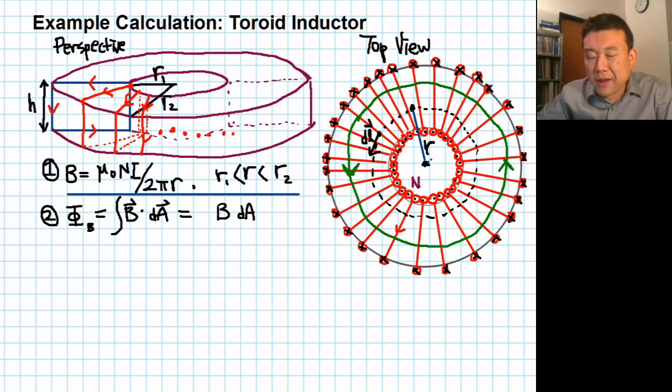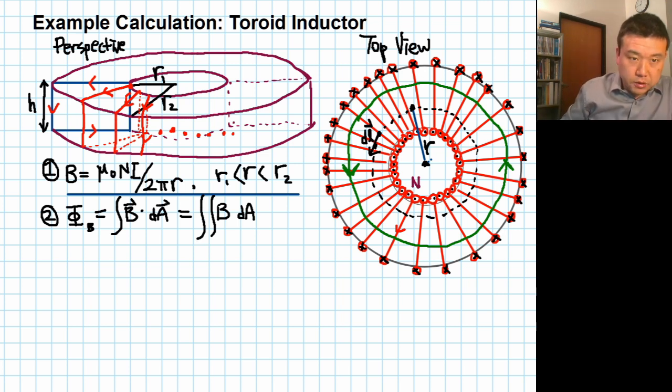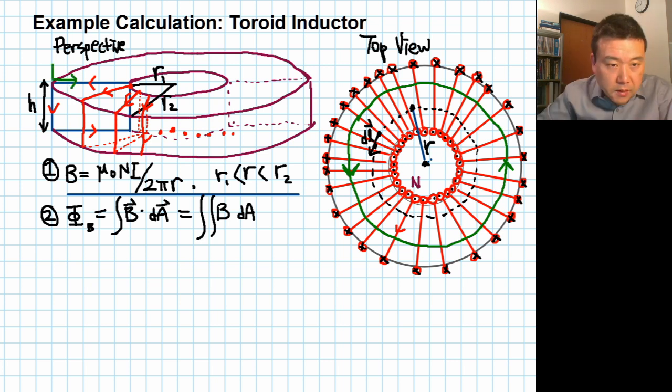Now, it's an area integral, so it's going to involve a double integral here. Let's try to parameterize this integral in a convenient way. I think the most convenient way to do it would be using this axis here along the x direction and y direction. So the integral would be in terms of the area element, dx dy.